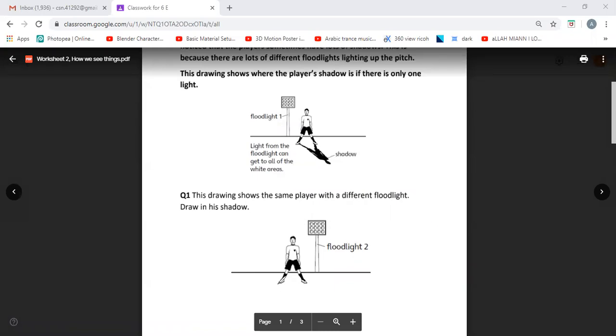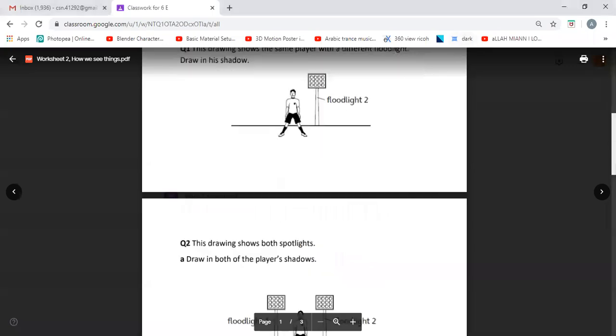So we know that the shadow is basically going to form over here. Just make the drawing wherever this can be. Right now, let's just clear this drawing and move to the other question.